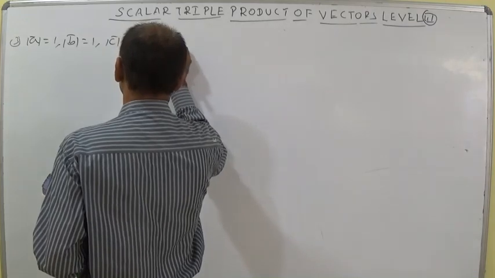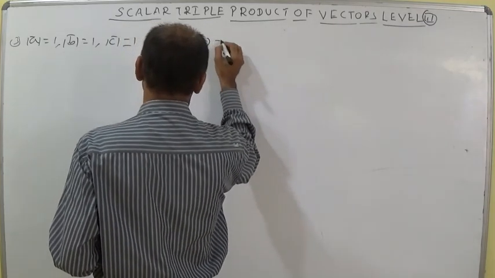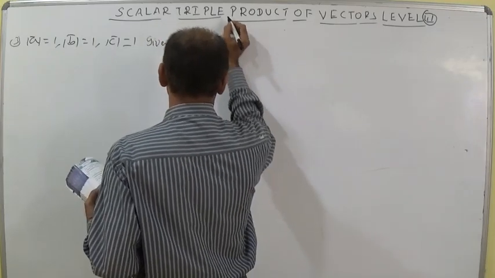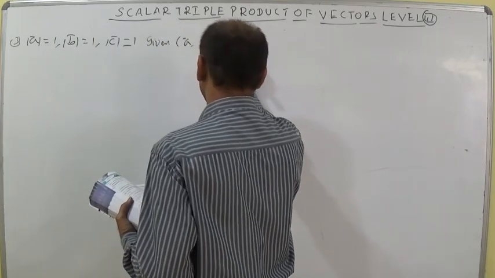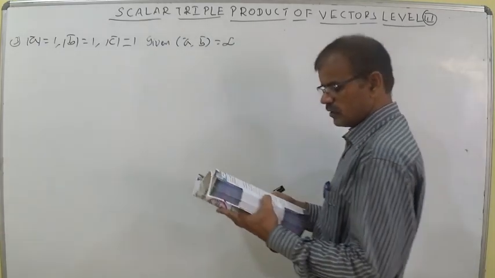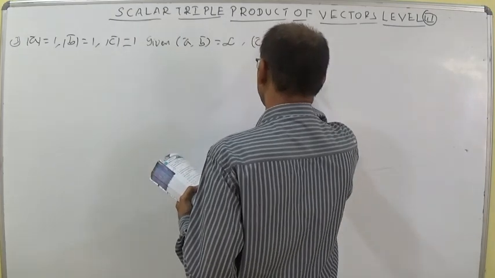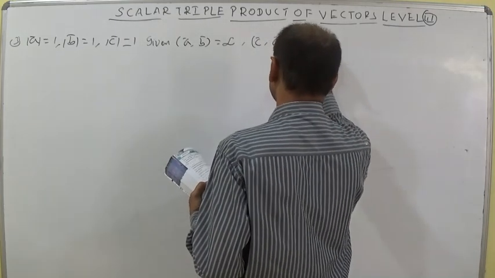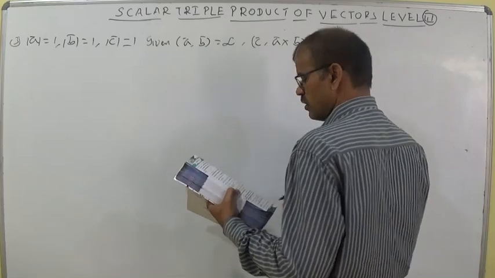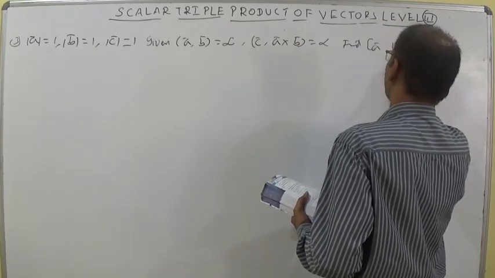Whenever a bracket is there and in the bracket a comma exists, it indicates the angle between two vectors. A bar comma B bar is given as angle alpha, and the same alpha is given as the angle between C bar and A bar cross B bar. Then find box ABC.